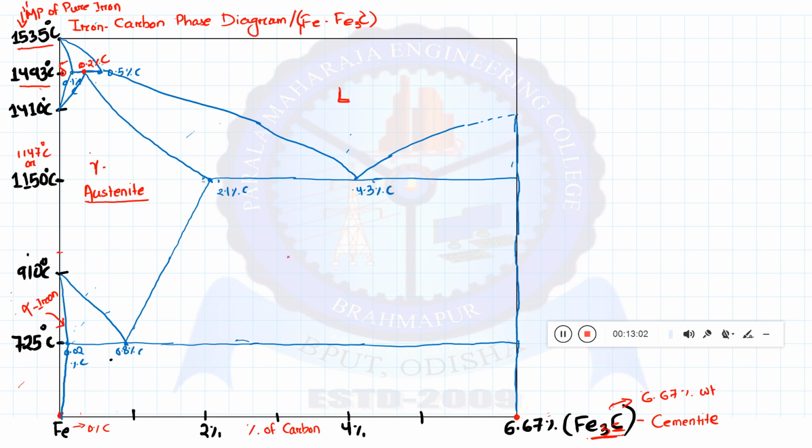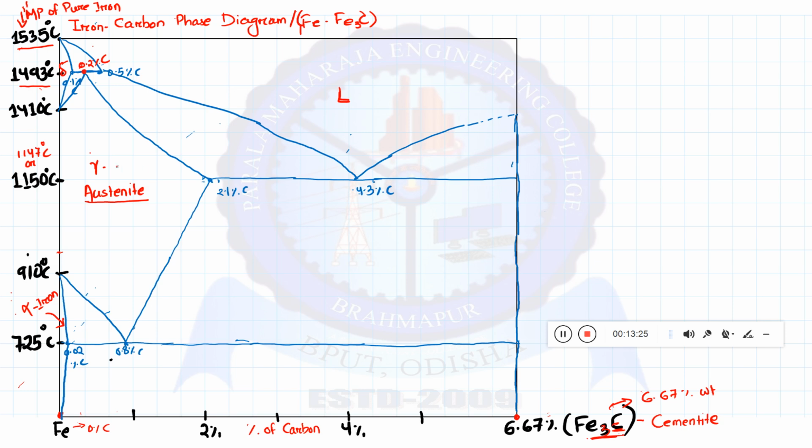Okay, and now we can represent all those combined phases by using the 1-to-1 rule. That means we have to draw one isotherm, basically, which will start from a single phase and end at another single phase. So in between two single phases there will be a mixture of two phases.